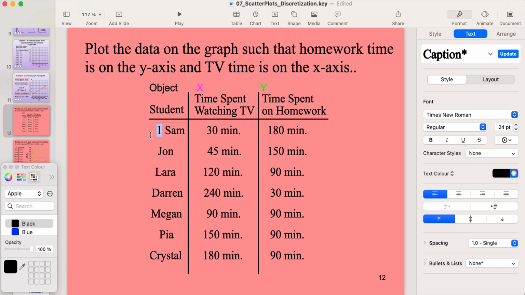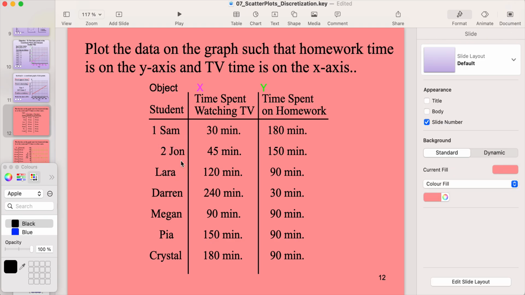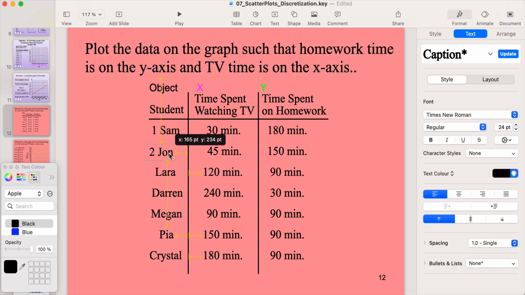It has a value of 30 for the x coordinate. That's object number 2. The third one is Lara.